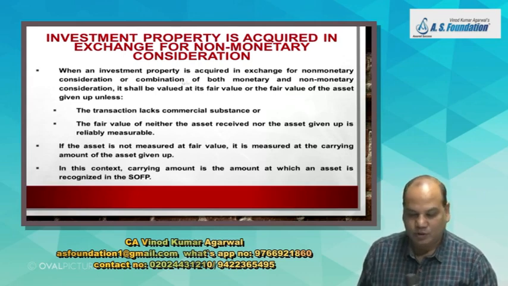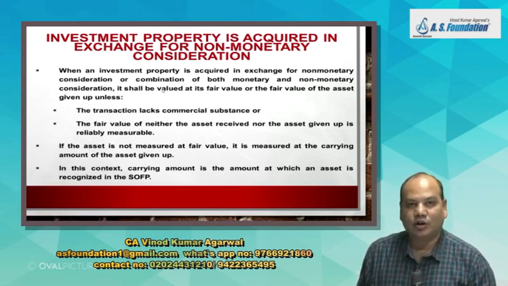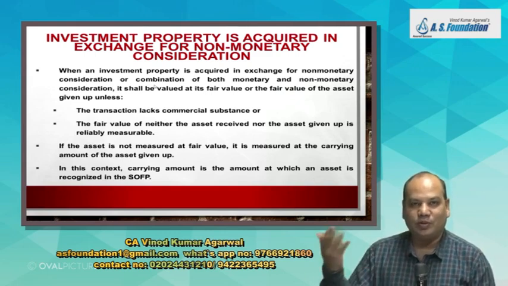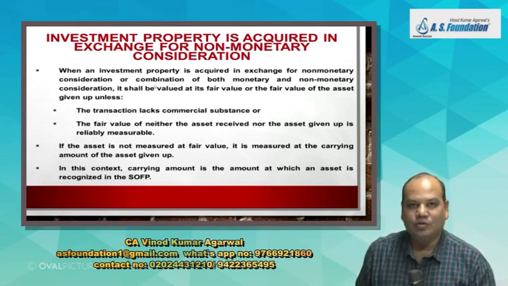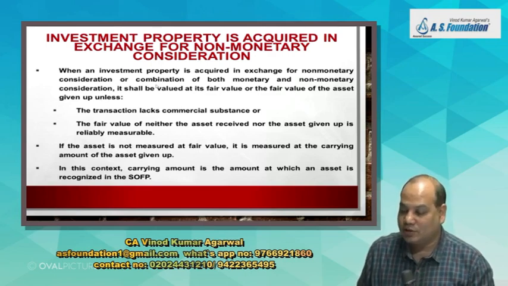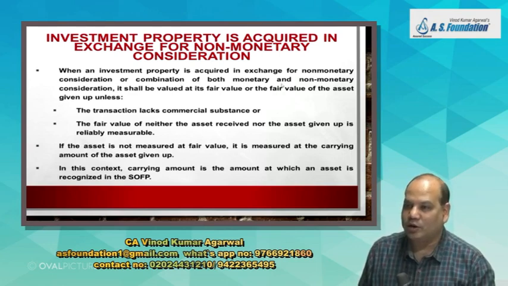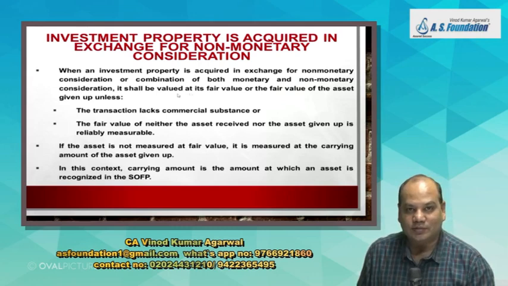If an investment property is acquired in exchange for non-monetary consideration, so you acquired a building, you might have issued some securities or some other asset or inventory or service or a combination of both monetary and non-monetary consideration. Some payment in cash and some payment in the form of asset.